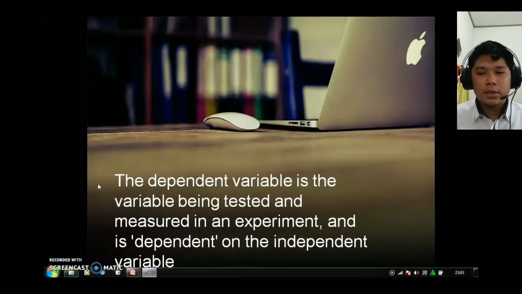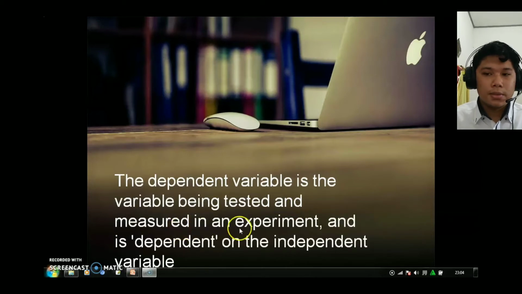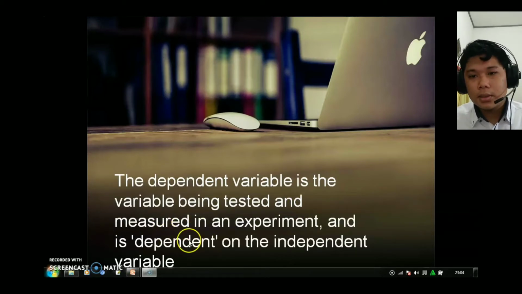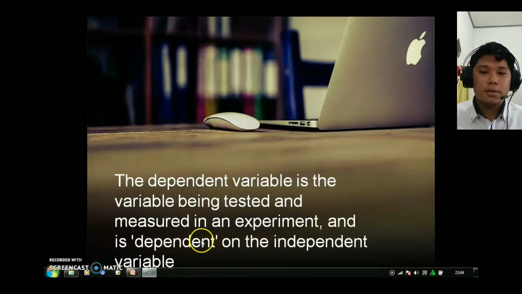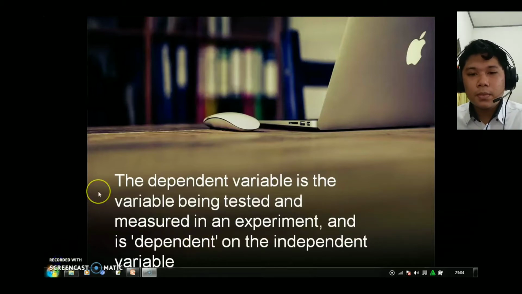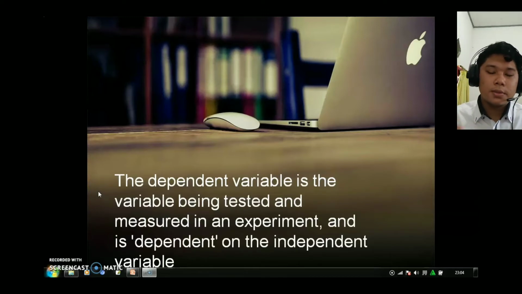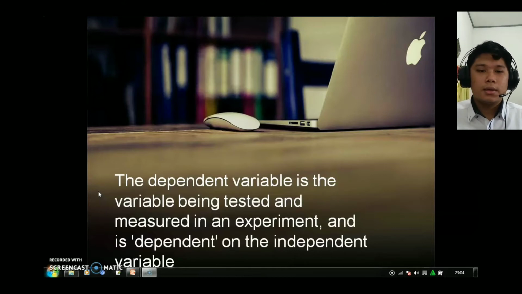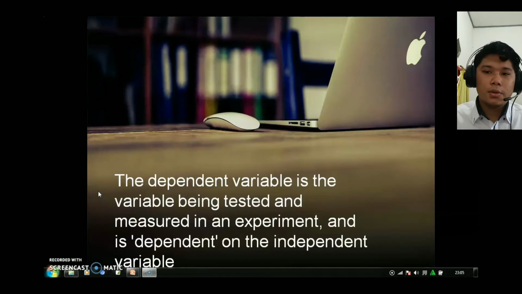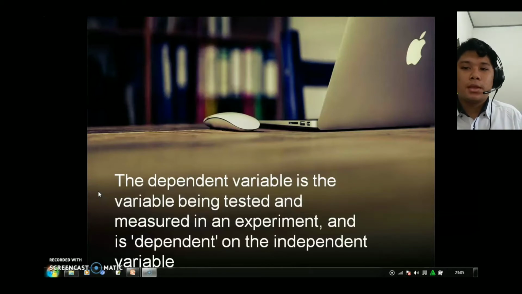So the dependent variable is the variable being tested and measured in an experiment and is dependent on the independent variable. Based on this explanation, we can conclude that the dependent variable is the variable that depends on other factors that are measured.